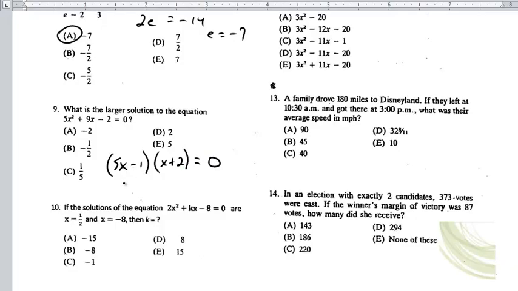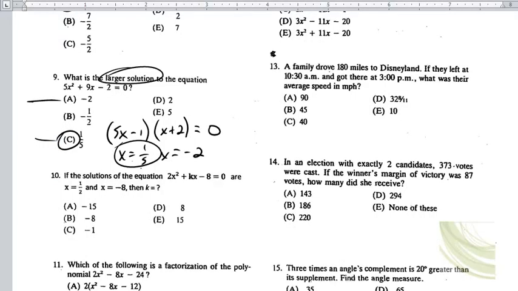So if I solve each one of these, I get x equals 1/5 and x equals negative 2. It says which is the larger solution, because it has both, and 1/5 is the larger solution because it's greater than 0. Okay, so the answer is C.